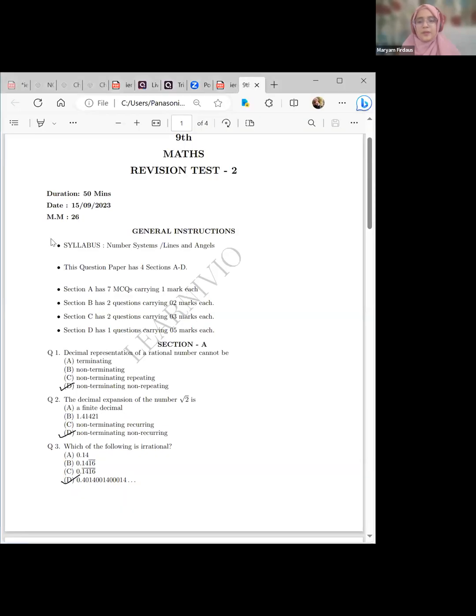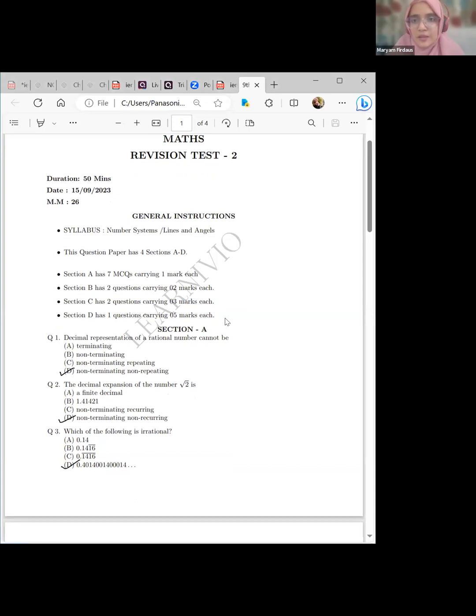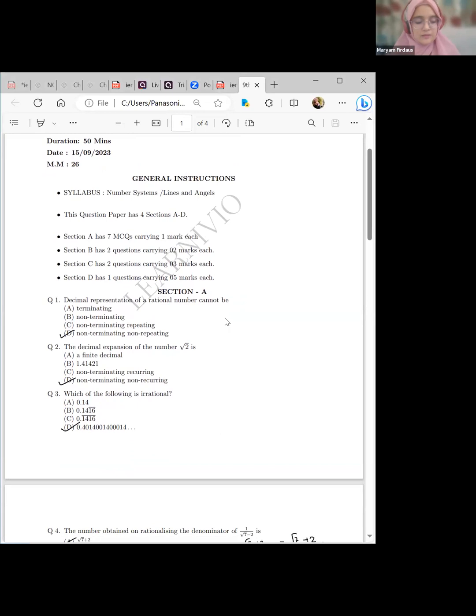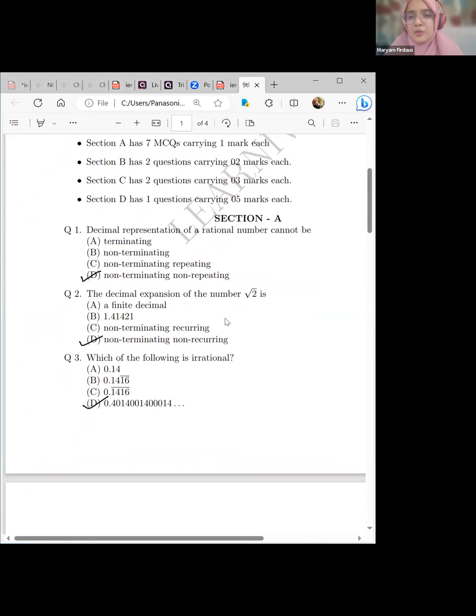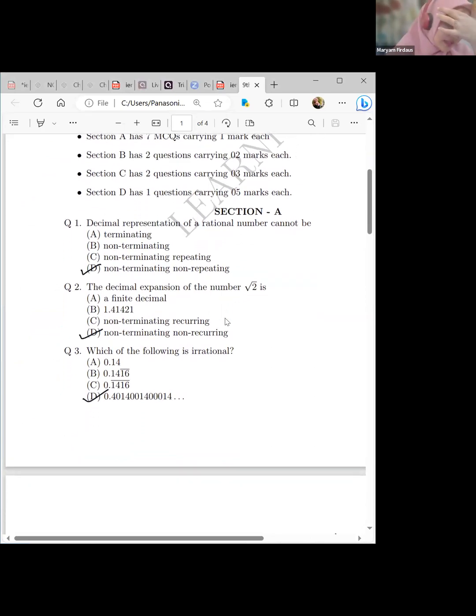Okay. So see, this was your question paper. A lot of you made mistakes in this one. It had only lines and angles. The triangles chapter was the last time, the first one. Decimal expansion of a rational number cannot be. I've already marked the answers in this.